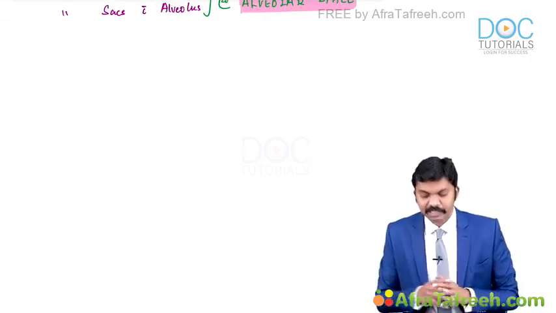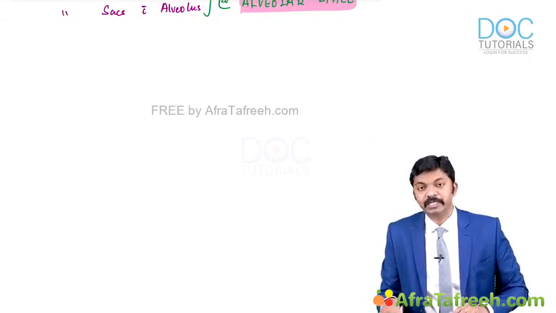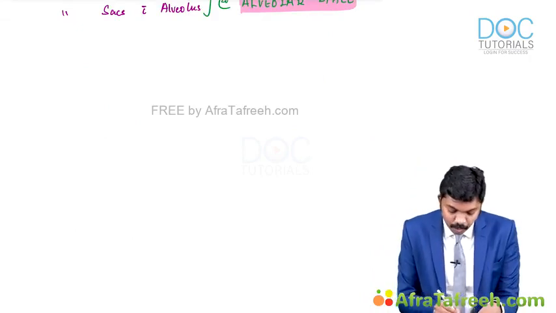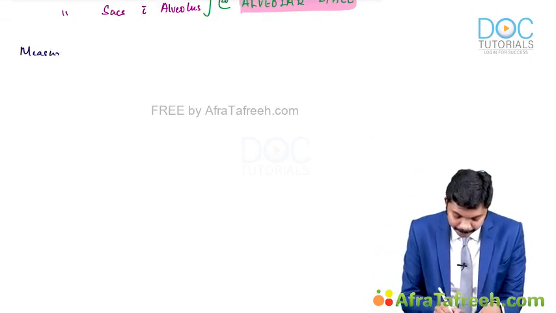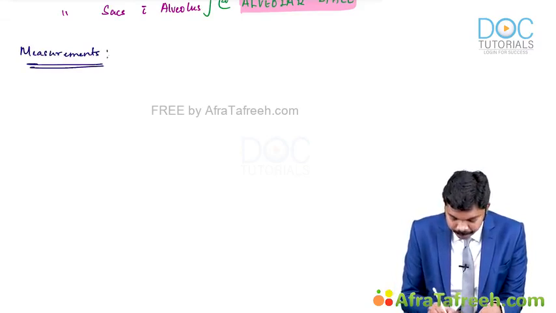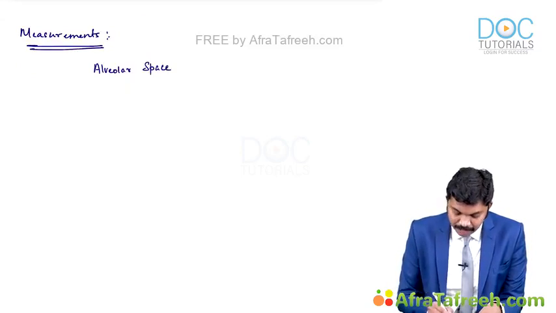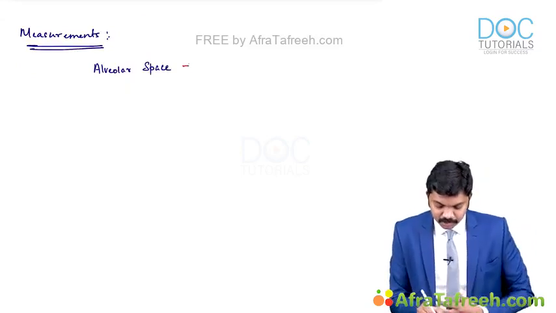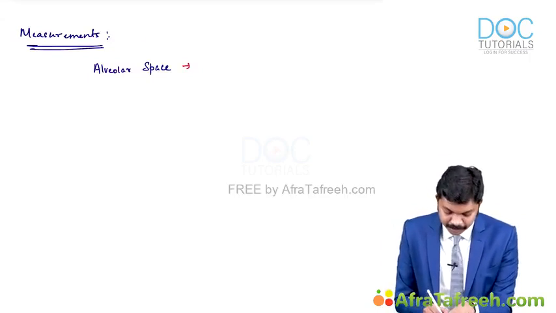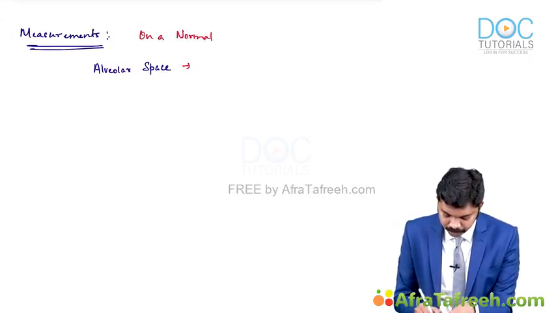You have cartilaginous airways, non-cartilaginous airways, dead space and alveolar space. Now, measurements. When it comes to alveolar space, doctors, on normal tidal breathing, you know normal tidal volume is 500 ml.